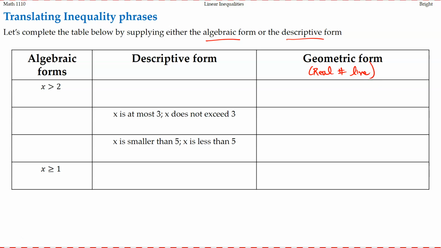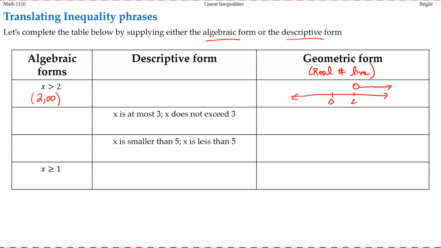So for example, if we're given the algebraic form x bigger than 2, I like to draw the picture first. So here's 0, here's 2. Remember my arrows. And then bigger than 2, we remember this as saying it's going to be 2 and to the right. Another algebraic form would be interval notation, which you might remember is 2 to infinity. Now, how do we do the descriptive form?